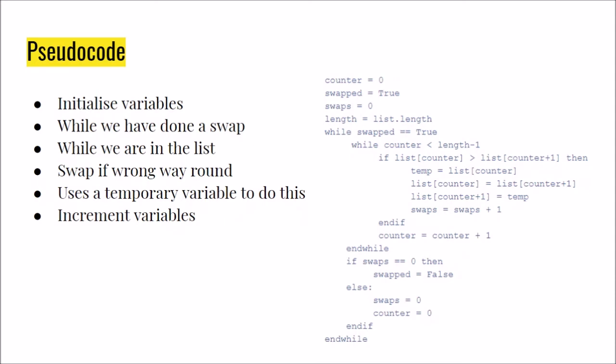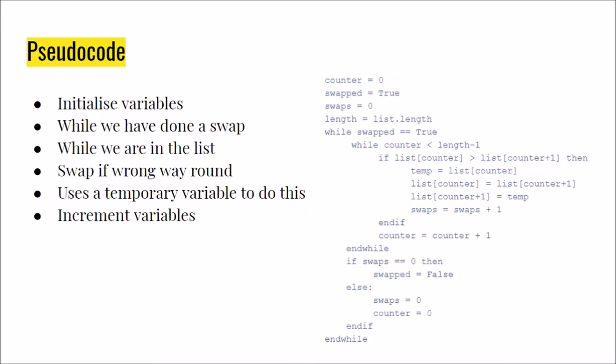And then we have a while loop next, while swapped equals true. So while we have done a swap, then we will continue to the nested loop, and this is while counter is less than length minus 1.